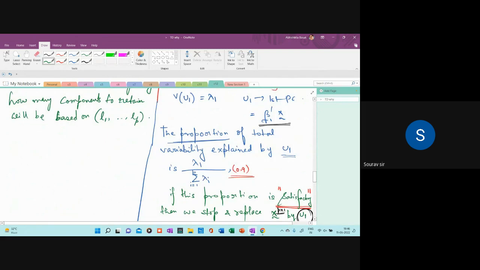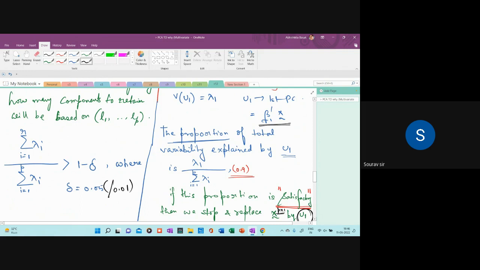So first, we are assuming that our components we are going to retain or not. So how the testing procedure works: let us take this proportion of our components, summation of lambda i from 1 to r divided by summation of i running from 1 to p lambda i, is greater than 1 minus delta, where this delta can be taken as 0.05, or sometimes 0.01.